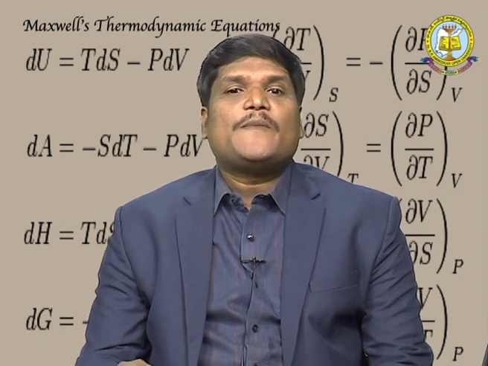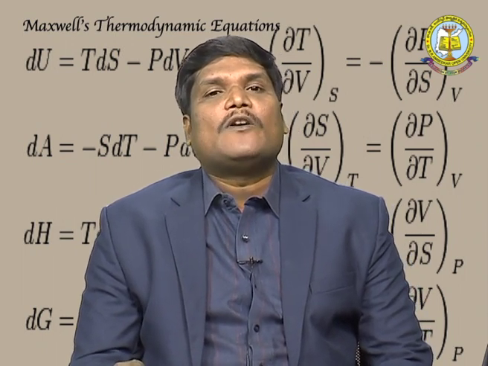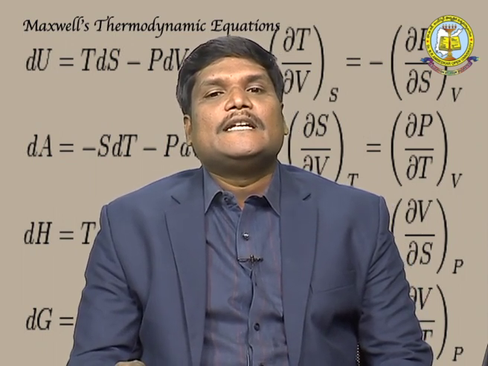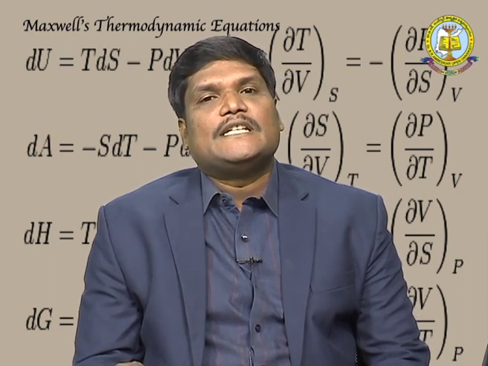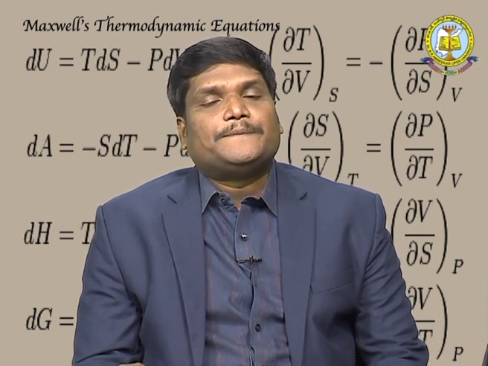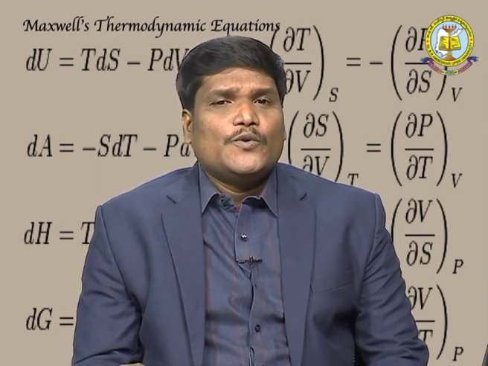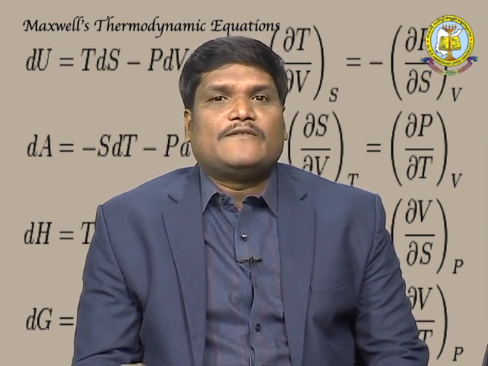The other two Maxwell's relations can be derived from the differential form of enthalpy and the differential form of the Gibbs free energy in the similar way. So you need to do the practice, then only you will get these equations.